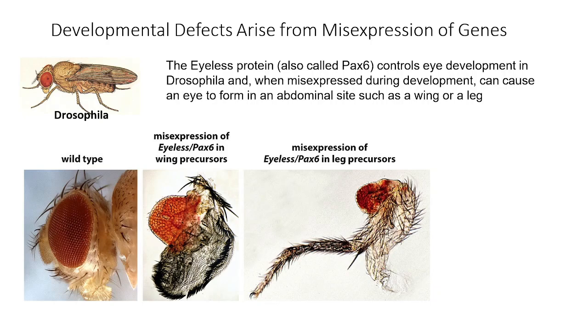So, early in development, most animals form three germ layers, that's the ectoderm, mesoderm, and the endoderm. Now, the ectoderm is the precursor of the epidermis and the nervous system.